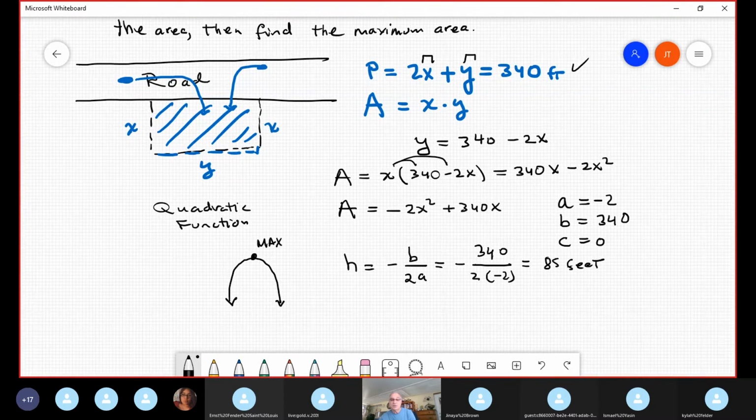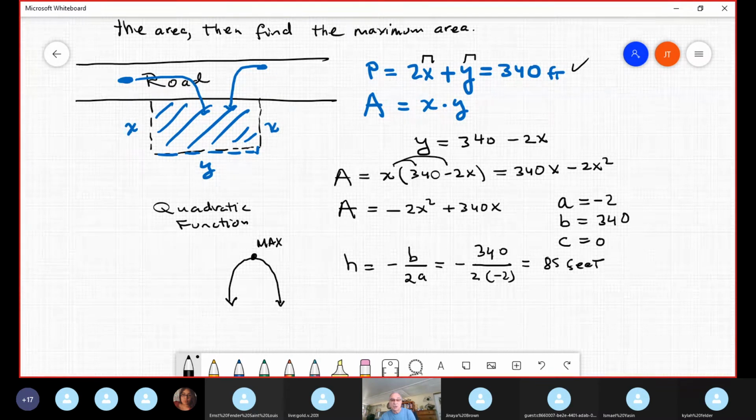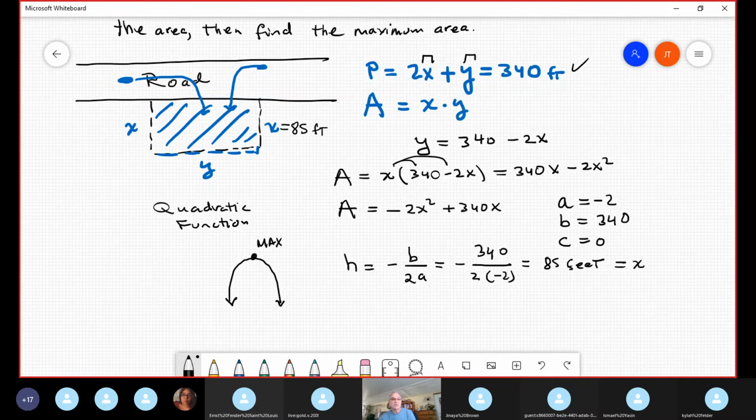But remember, h is always associated with the x. Okay, x is that. So I suppose that this dimension is 85 feet. This is also 85 feet. Y, well, I have no idea, but I have an equation that states the relationship.